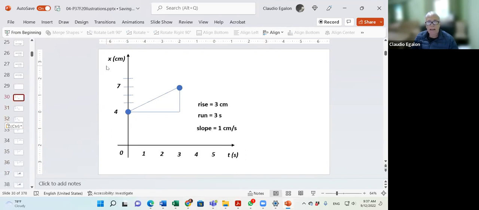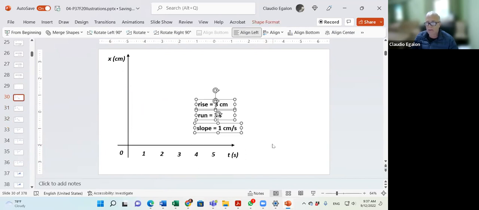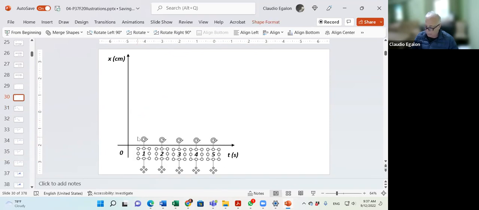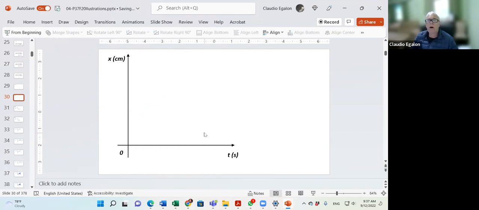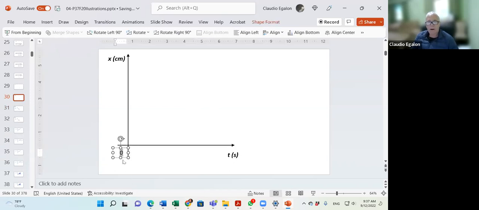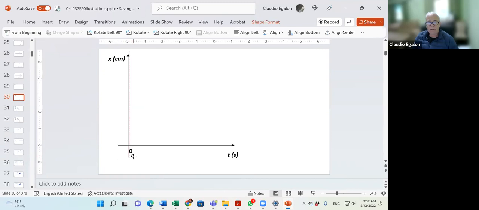And then what do we do next? You label the y-axis as x, you label the x-axis as t. On top of that, you put the origin, you write down the origin is 0, 0, both for t and for x. Here it would be initial position 0 and instant of time 0.